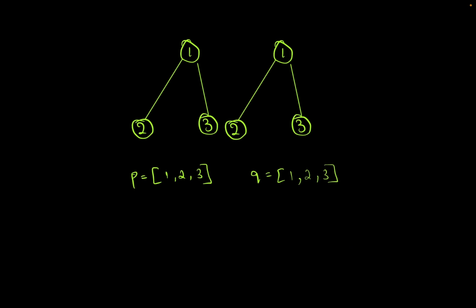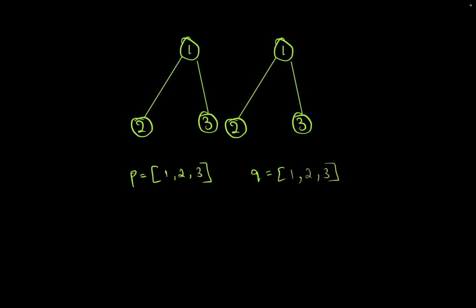Here the value of P is given as 1 2 3, and by seeing the question this might be a little misleading. Like if you see an array and traverse it and come to the same values, you might think they are the same, but there is a little difference, and there's a misconception.